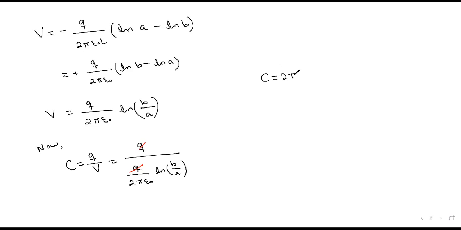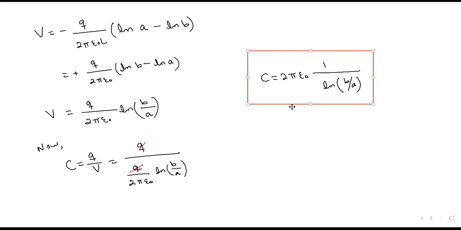C equals 2 pi epsilon naught 1 over log of B over A. So this is the required capacitance of a cylindrical capacitor.